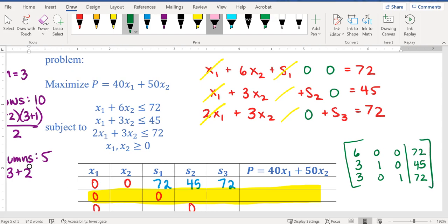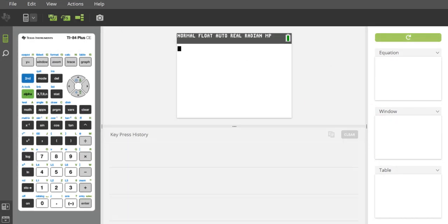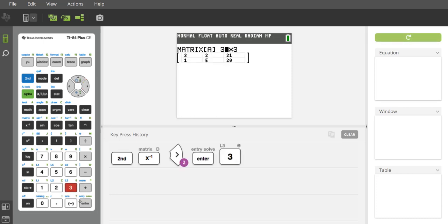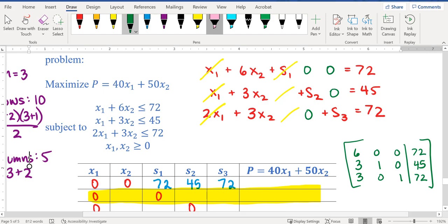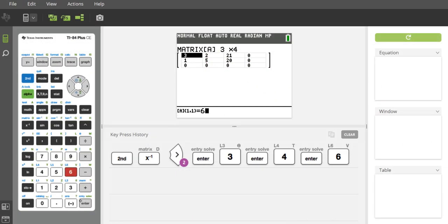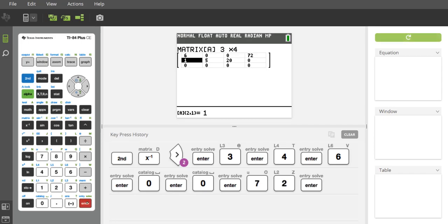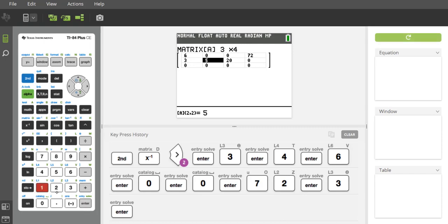Here we go, on my calculator. Second matrix, edit. This is a 3 by 4. First row, 6, 0, 0, 72. The next row, 3, 1, 0, 45.